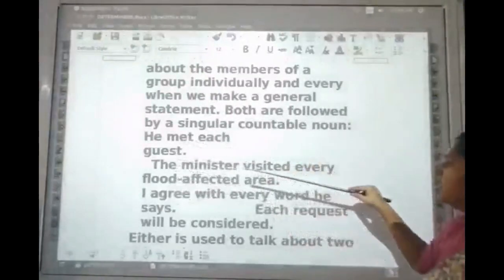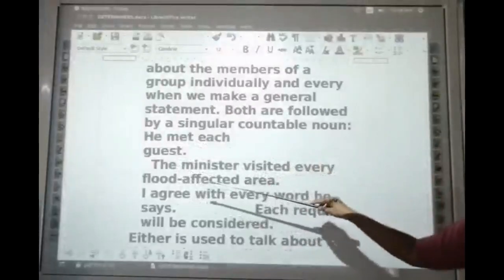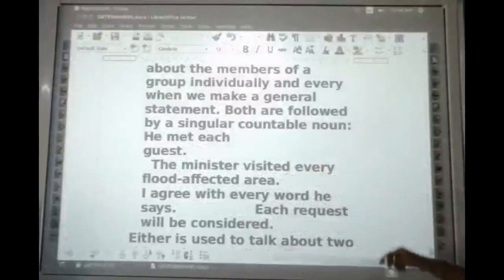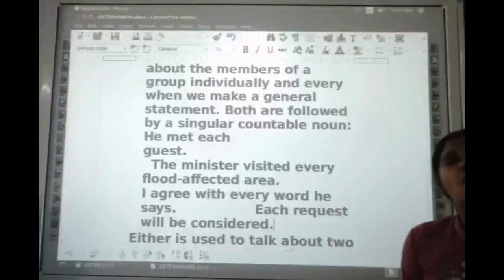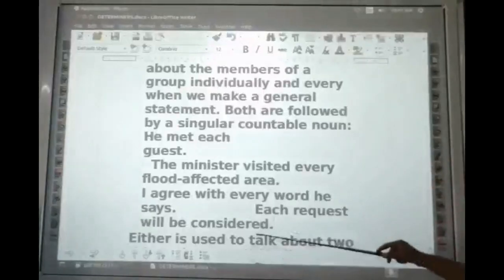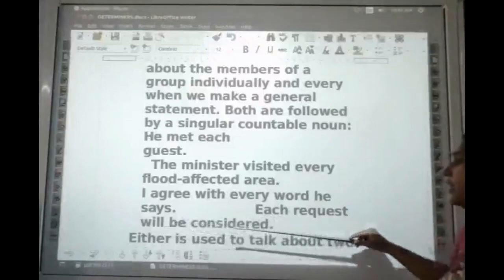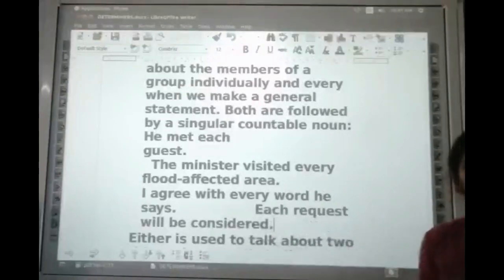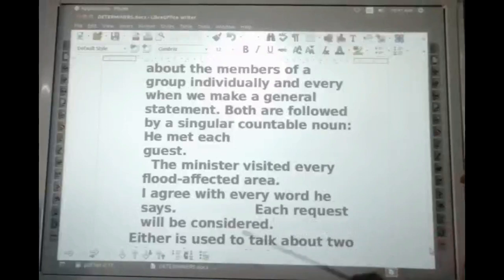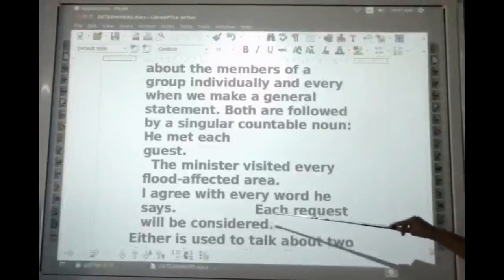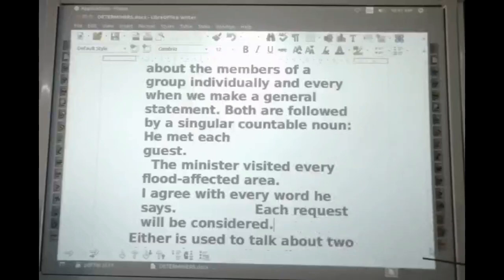The minister visited every flood affected area. That means we are talking about the areas where the flood had occurred. Each request will be considered. That means we are able to count all the requests. That's why we used the word each here.